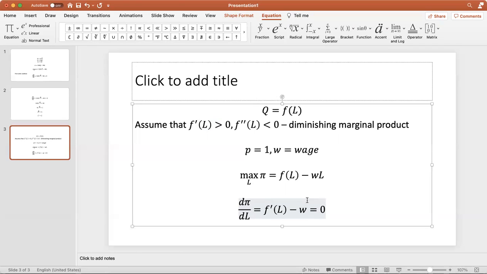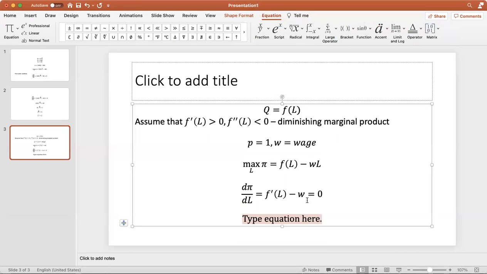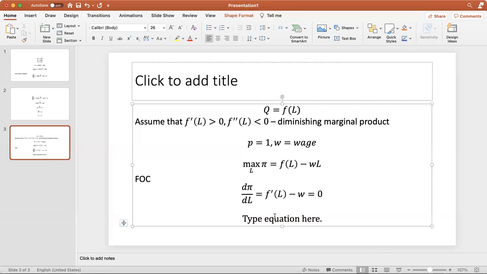All right. So therefore, without any functional form, we're just saying that the first order condition, let me just type it here, FOC, states that we should choose L such that it equates the marginal product of labor with the input price.